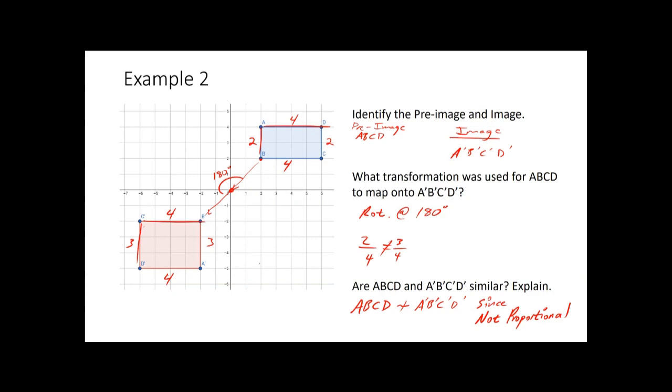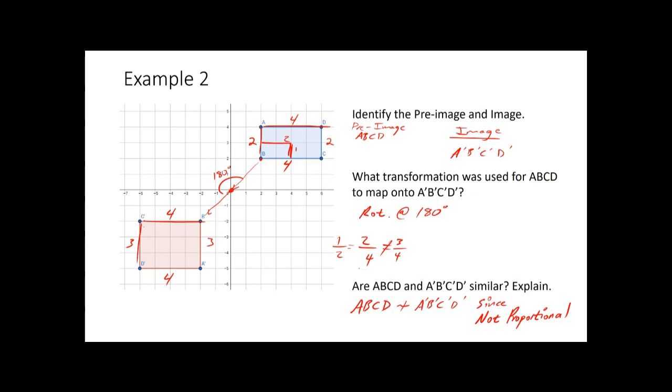Now, if one of them was a little bit smaller, but it had the same ratio, like 1 by 2, it would work perfectly with ABCD. Okay, so if it was something like this, it's like, oh yeah, that's just a dilation, still has the same ratio, because 1 by 2 would be equal to 2 divided by 4, because 2 divided by 4 can be reduced into 1/2. So that would work, but that's not what they gave us.